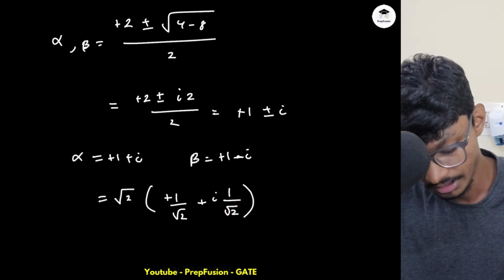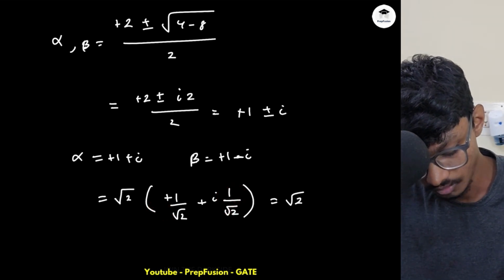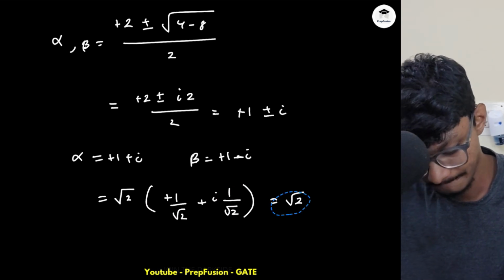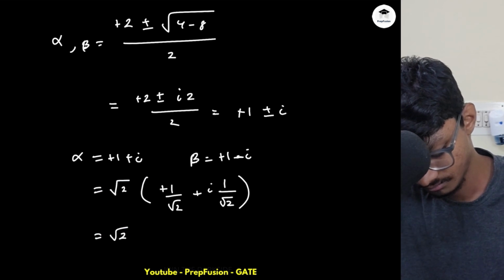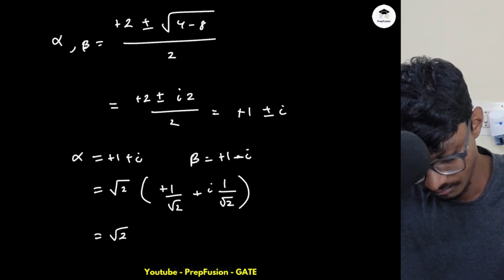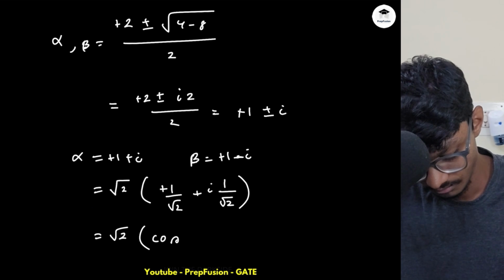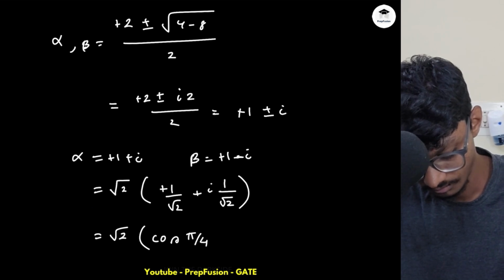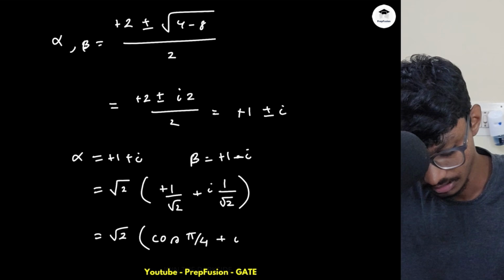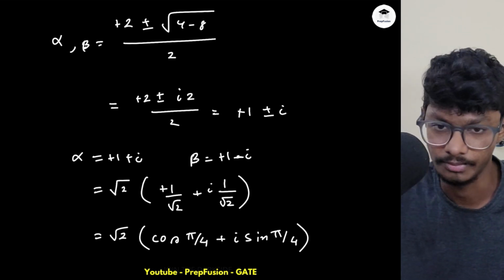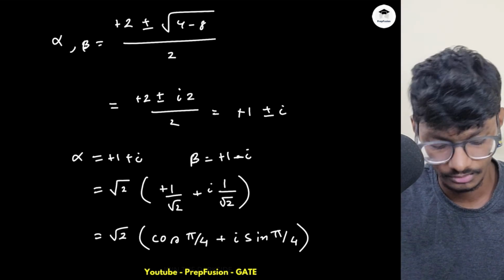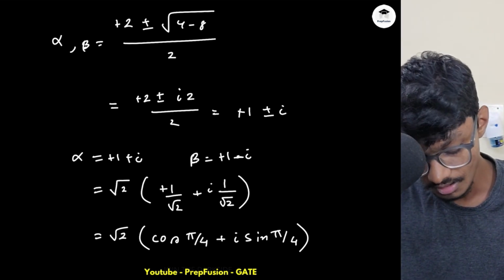So I can write it as root 2 times cos of pi by 4 plus i sin pi by 4. This is alpha.